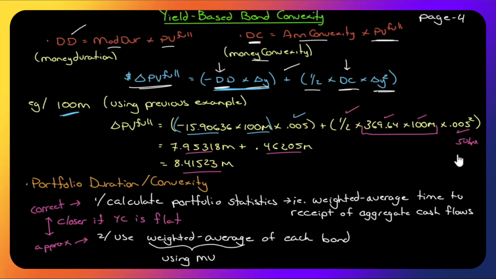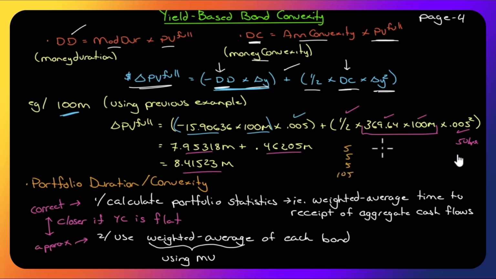Finally, portfolio duration. What if we have a portfolio of a bunch of bonds with a whole bunch of different durations? We can calculate portfolio statistics the same way we calculated Macaulay duration, the weighted average time to receipt of aggregate cash flows. So what does that look like? Let's say we have a bond 5, 5, 5, and 105.